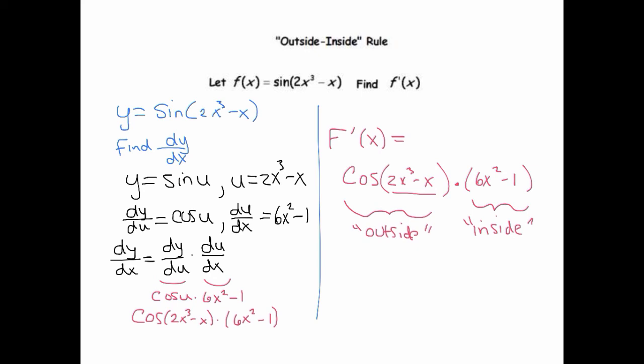So as you get good at this type of thing, feel free to use whatever notation makes the most sense to you, and actually get fluent at using either. But once you get pretty good at it, you maybe don't need to introduce that intermediate variable u. You can just use the outside-inside rule.